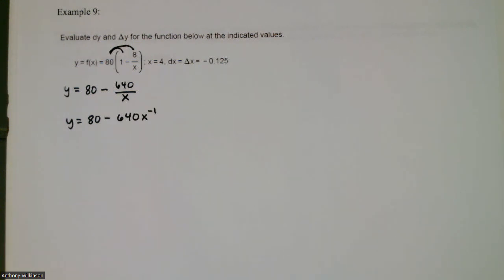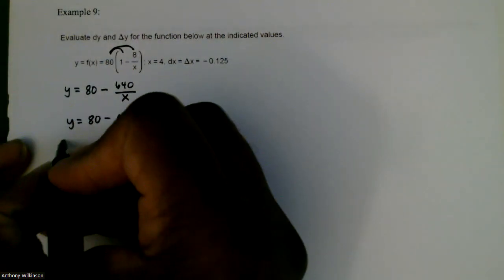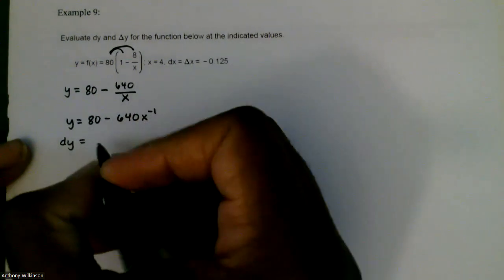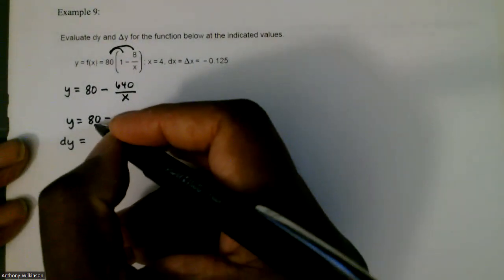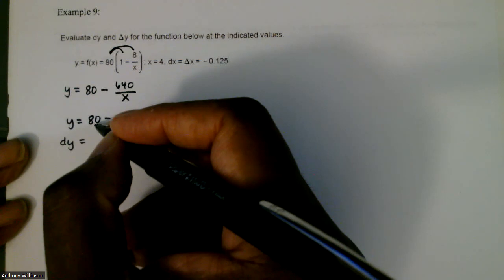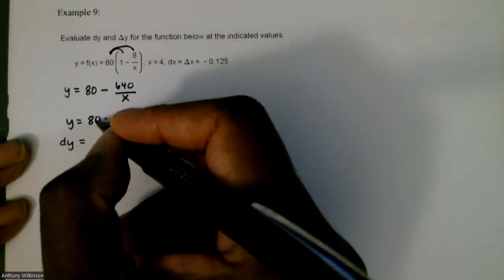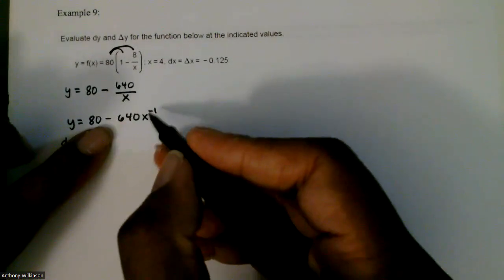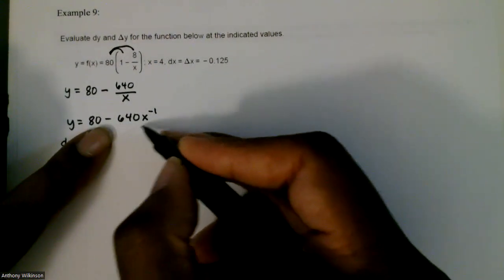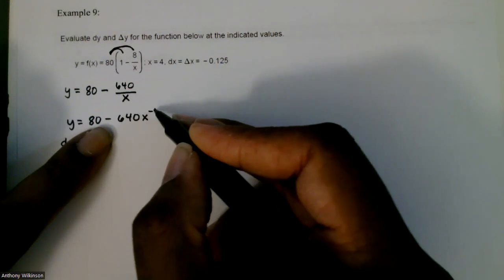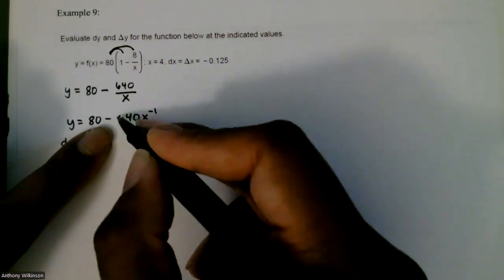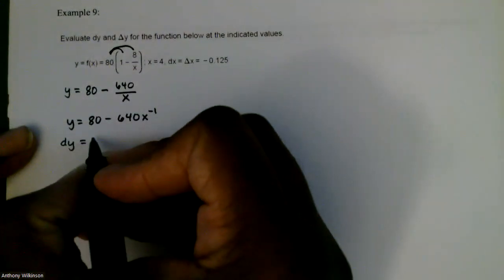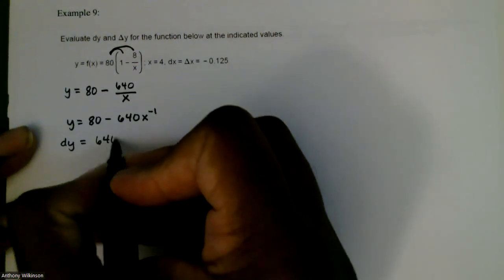Now let's find out what dy is. So dy then will be equal to, well, for the 80, the derivative of a constant is 0. For negative 640 x to the negative 1, if I bring the negative 1 down, that'd be negative 1 times negative 640, which will be a positive 640.